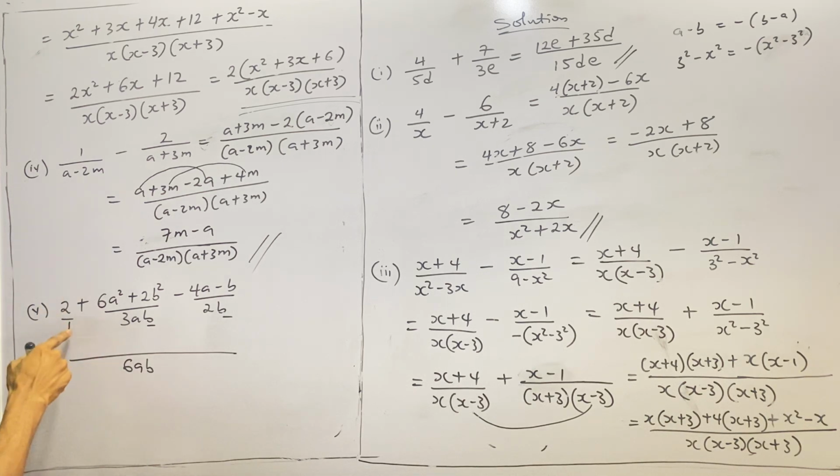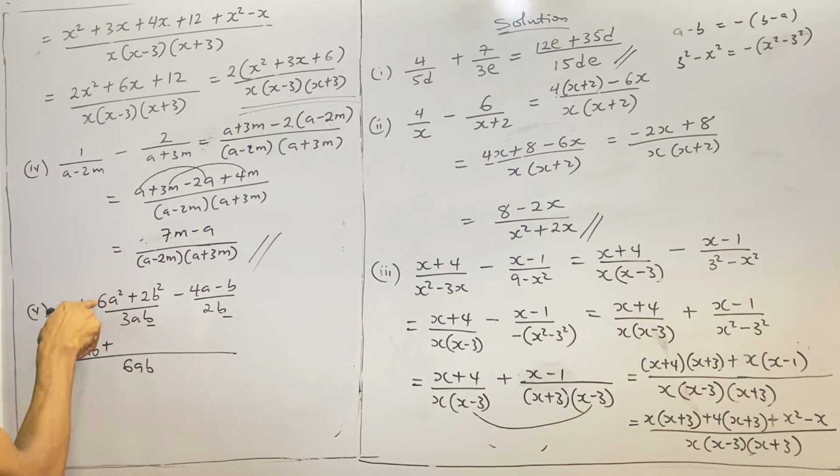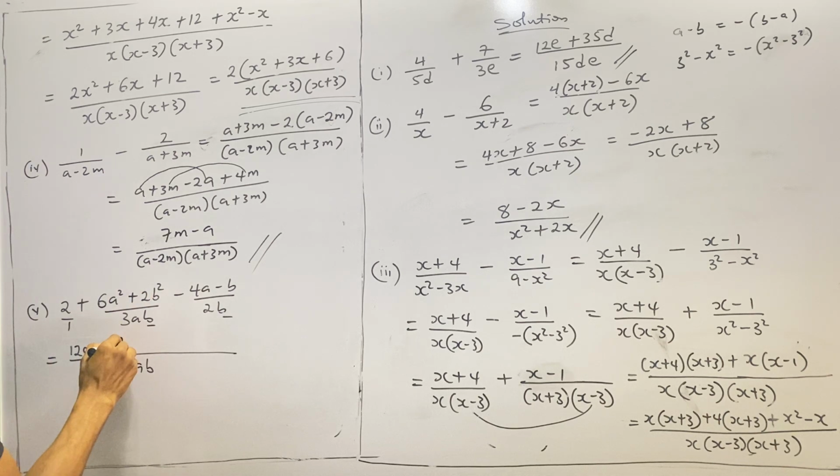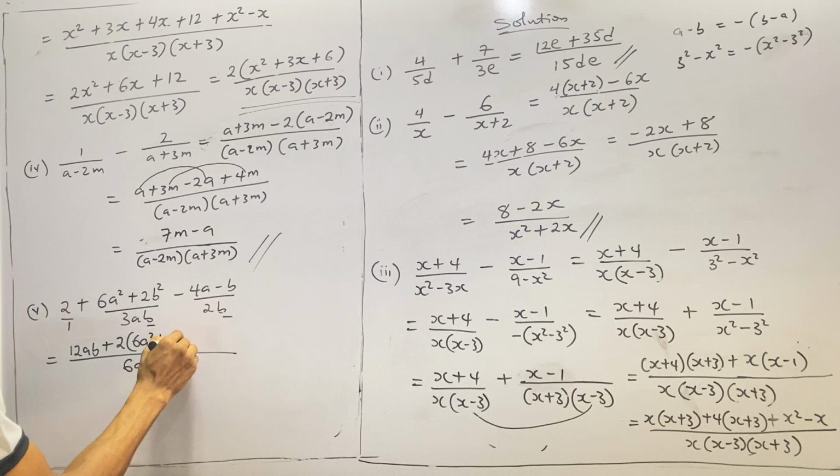So 6ab times 2. 2 times 6 is 12. Then we have ab. Alright? So plus 3ab divides 6ab. a cancels a, b cancels b. 3 divided by 6 is what? 2, right? So it's 2. So when we now use that 2 to expand the numerator, we have 2 into 6a square plus 2b square.